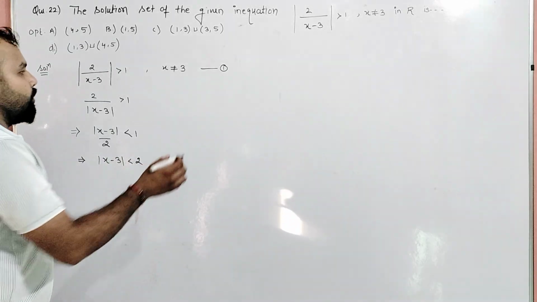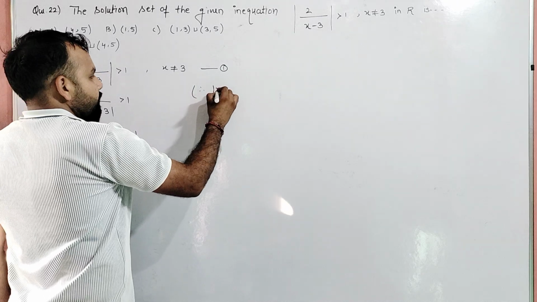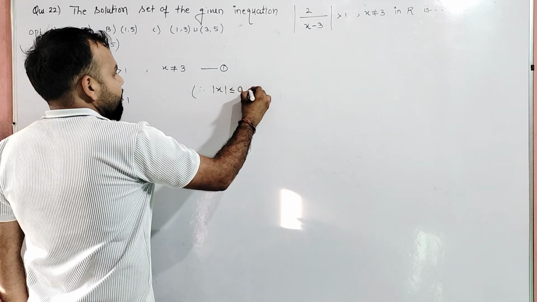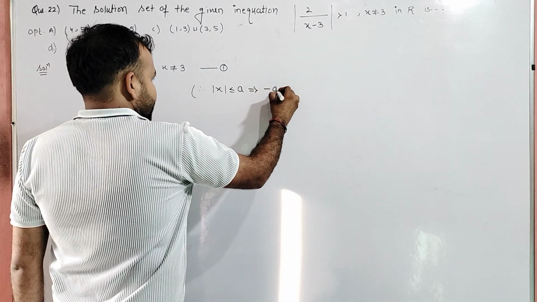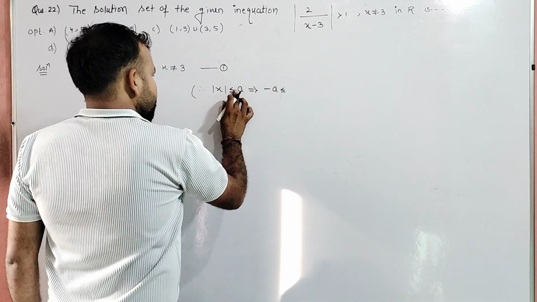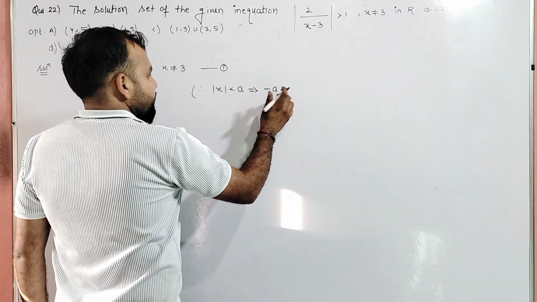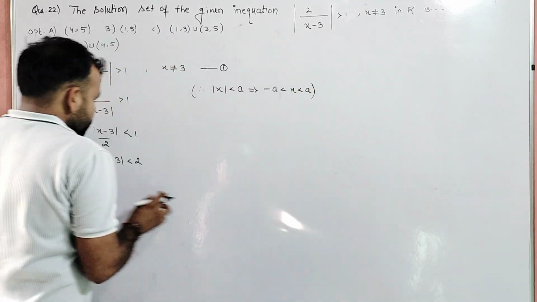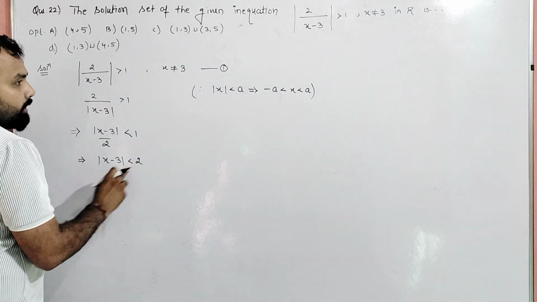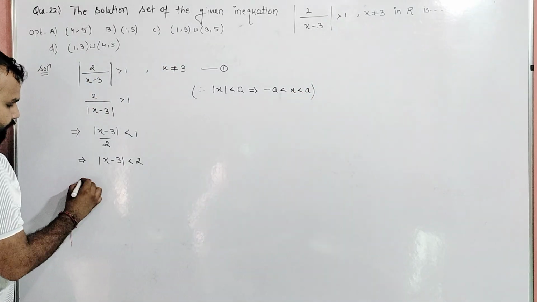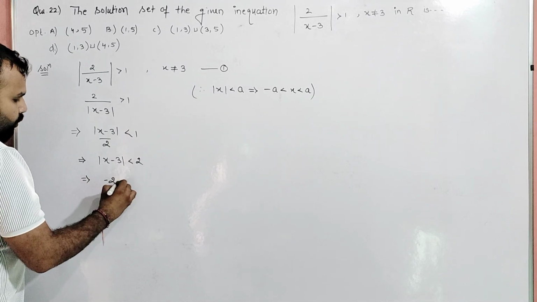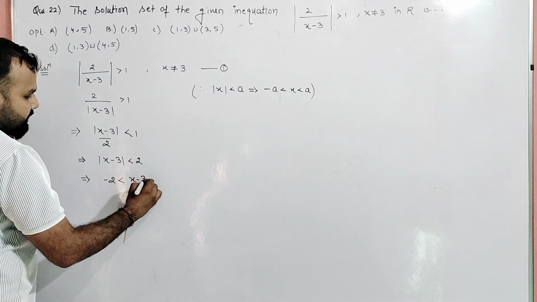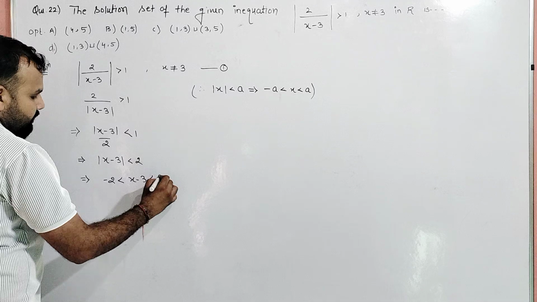And we know very well students, if mod x is less than a, then x lies between minus a and a. Using this inequality over here, we get minus 2 is less than x minus 3 is strictly less than 2.